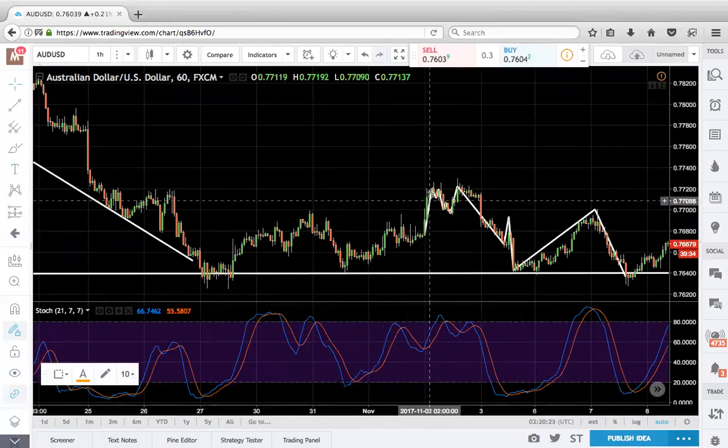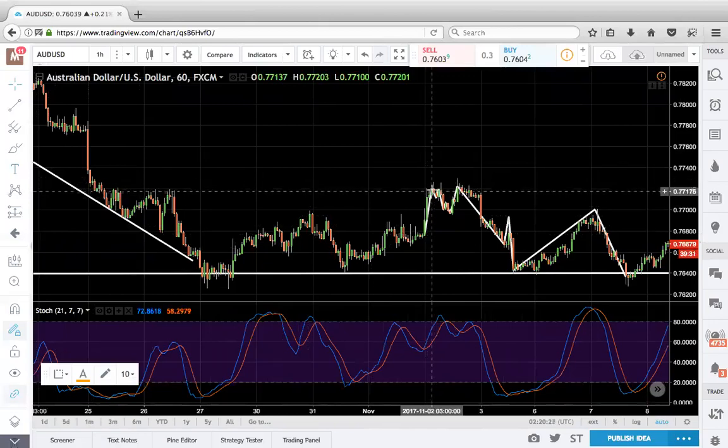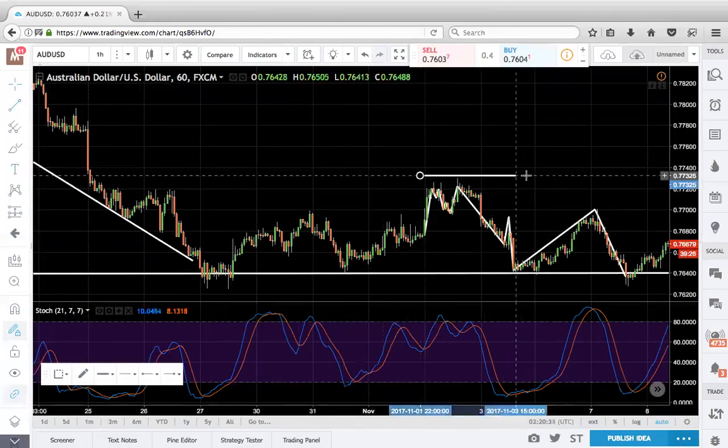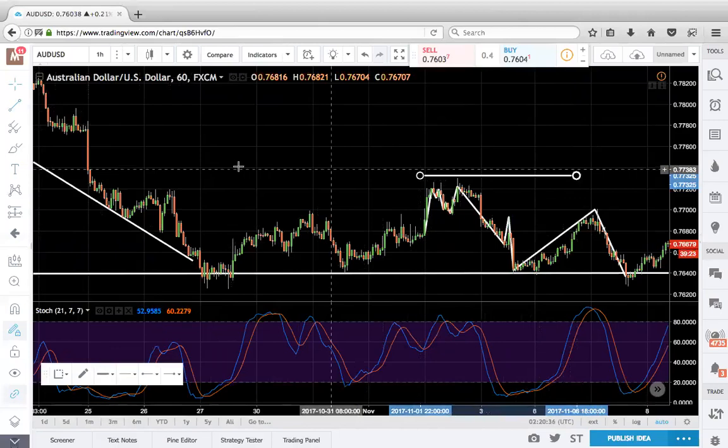So you see the market came up here. This wick came up and hit some resistance up here, which I'll draw out real quick. It's hitting some resistance at about right here.